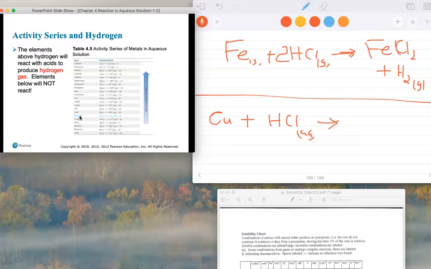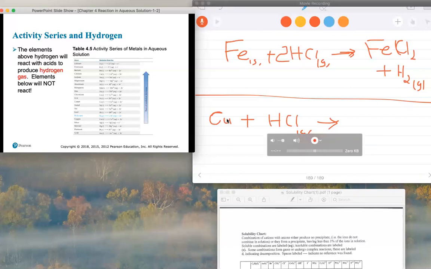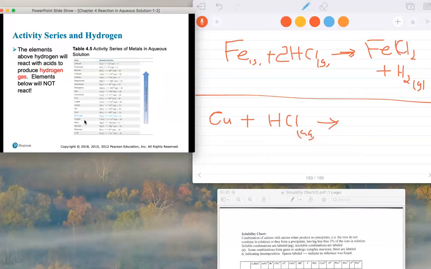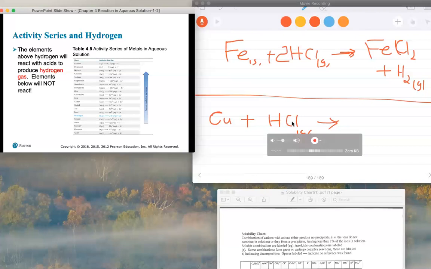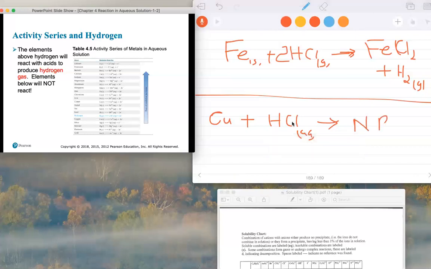Will hydrogen be replaced? Hydrogen is above copper. It won't let go of the chlorine in this case, and we say that this is no reaction. This one is below, so we say that it's not powerful.